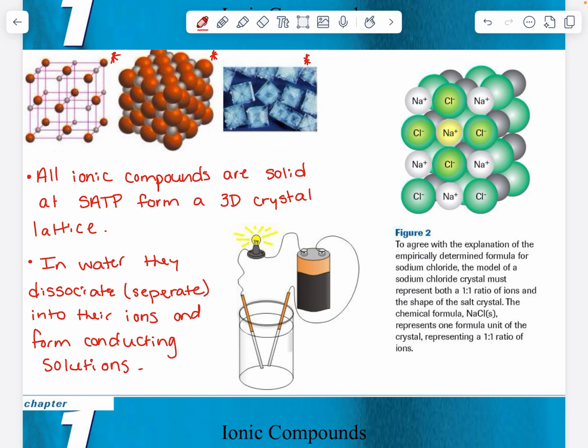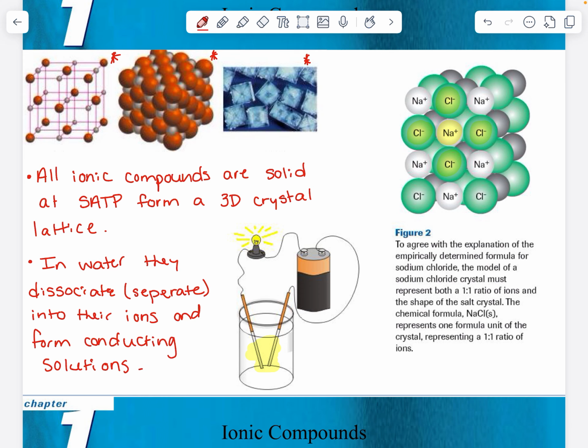So in the example, when we use a conductivity tester or meter, it is like a little circuit. So you have a battery and in order for the circuit to turn on or electricity to flow, you need a complete circuit. So at the bottom, when it's sitting in water, if there are no ions, it's like an open switch in a circuit.